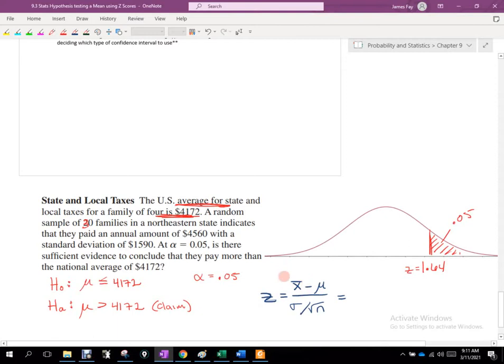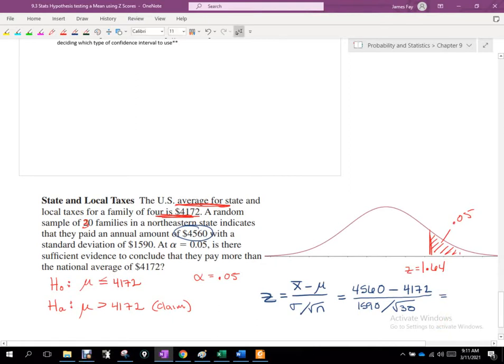Did they tell you what your sample's mean was? $45.60, right? Minus mu, well, mu was established in our null hypothesis as 41.72. Standard deviation, 1590, that's sigma, divided by the root of n, which n was 30.